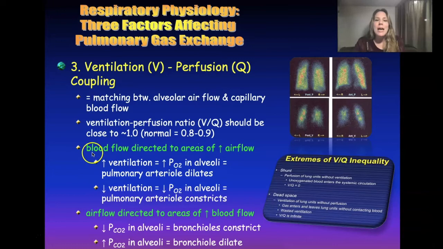So let's look at this idea that blood flow is directed to areas with the greatest airflow. In other words, the higher the ventilation, so the deeper we're breathing in and bringing oxygen to our alveoli, as we know, that means that we're going to have the highest pressure of oxygen in the alveoli. So the more that comes in, we're filling up the alveolar volume, and thus the pressure is increasing.